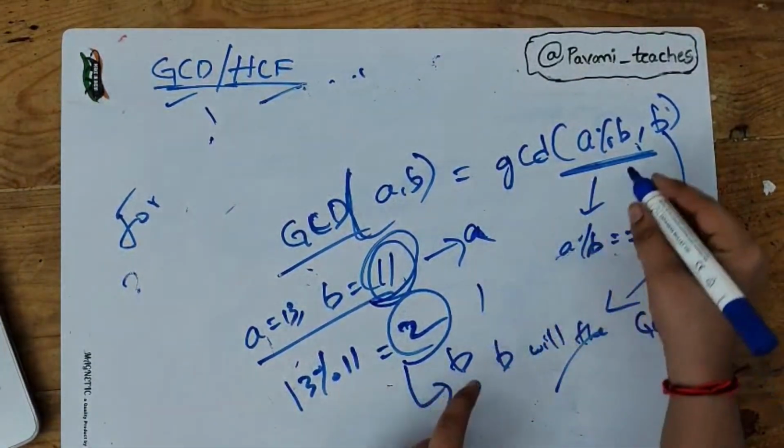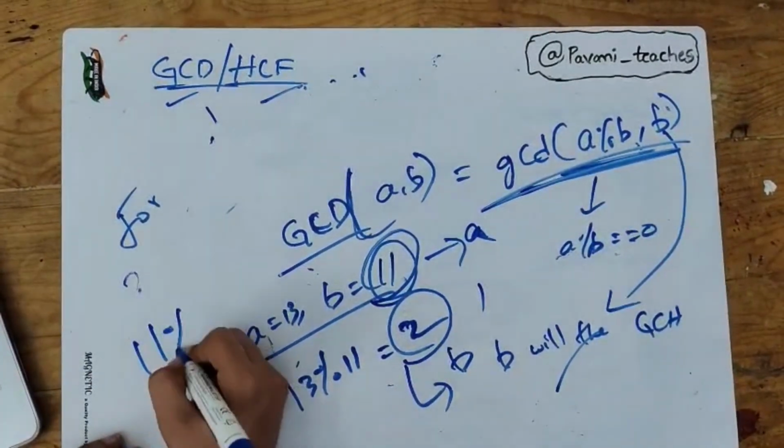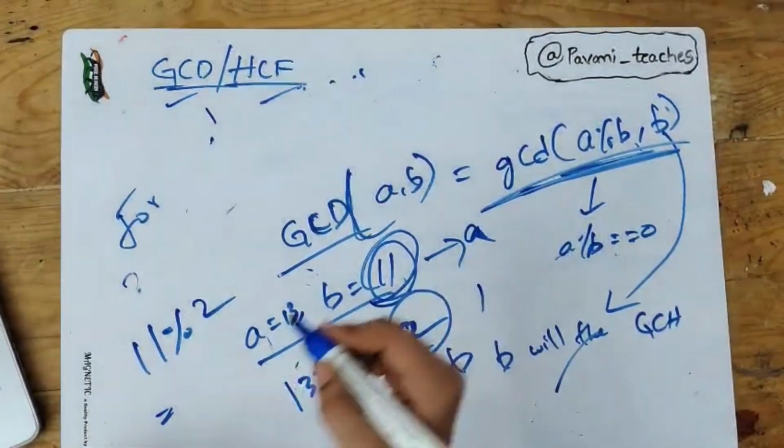And again we'll perform this function, that is 11 modulo 2, which is 1.